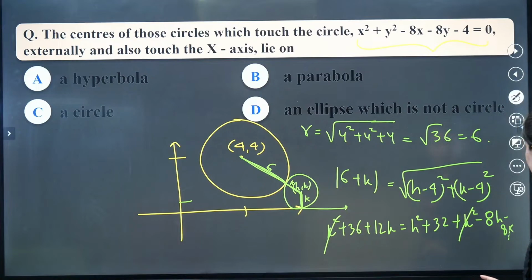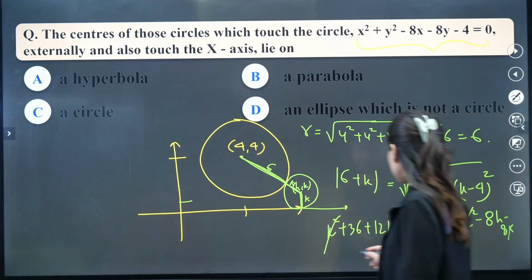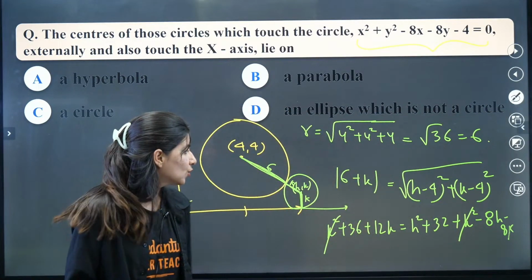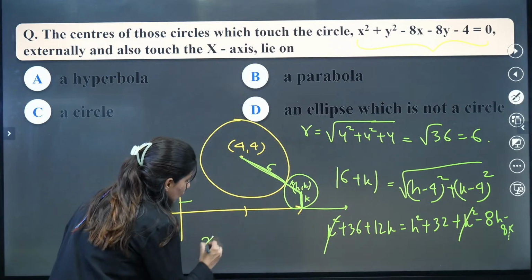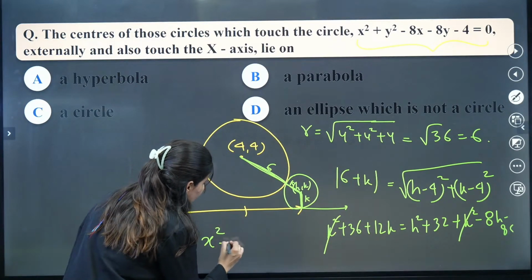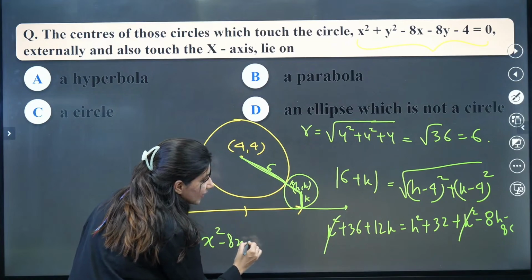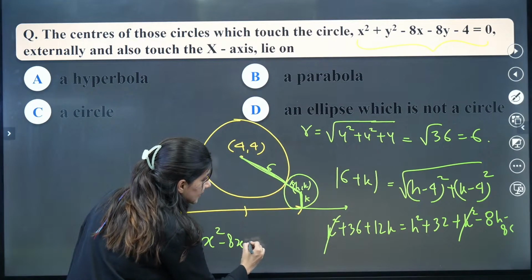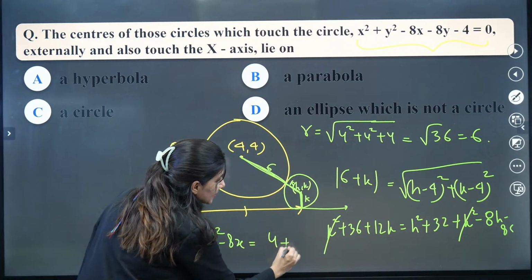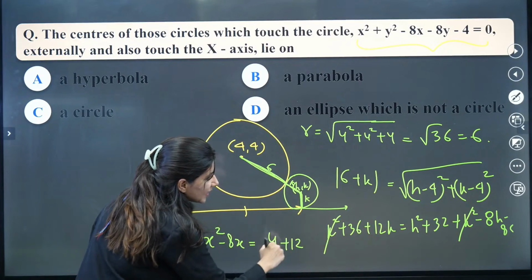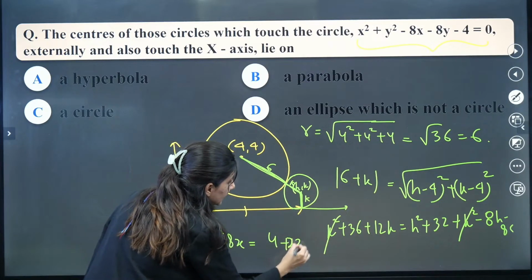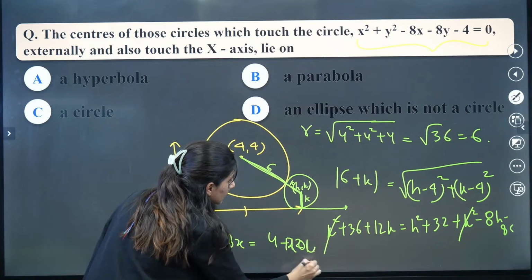So we are left with, if I replace h by x, x square minus 8x, is equal to, can you see, 4 plus 12 plus 8, so it would be 20k, that is 20y.